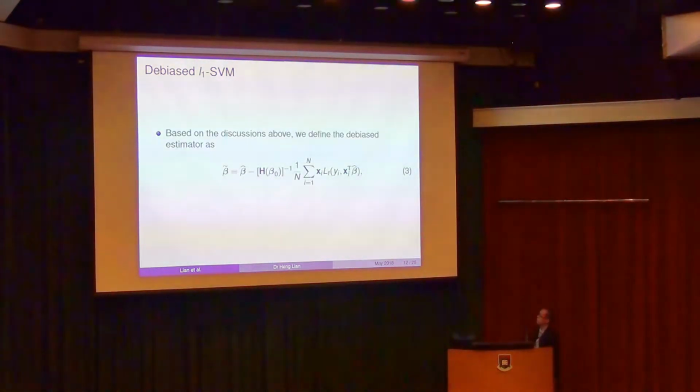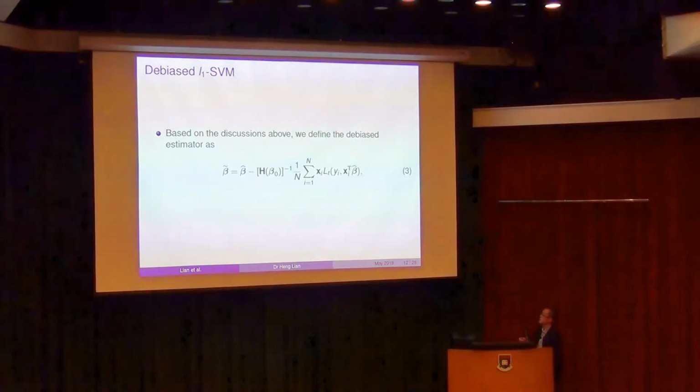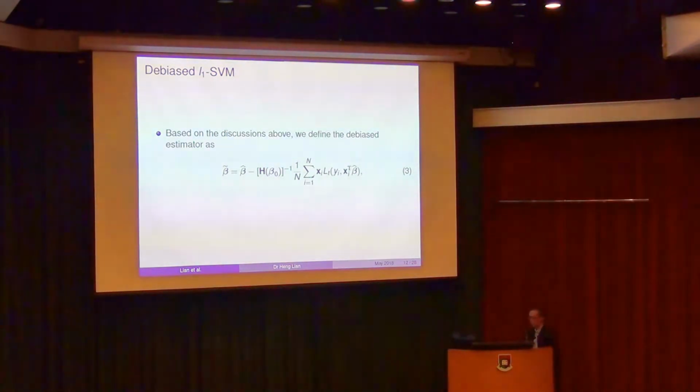Okay, so this is what we do. Originally, when you try to solve the optimization problem with a lasso or L1 penalty, you get beta hat. Then I subtract the bias, which is this guy here. I get beta tilde. So hopefully, beta tilde is a more accurate estimate than beta hat in the sense of bias.